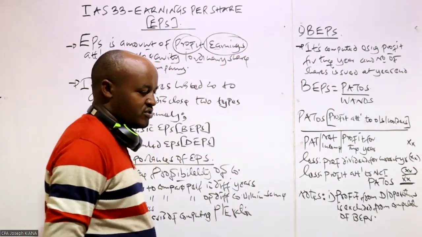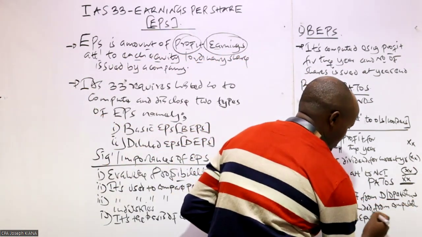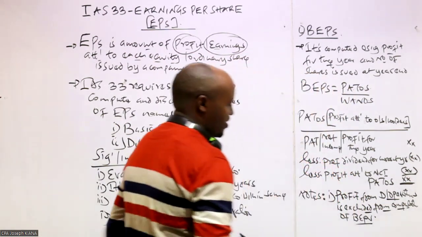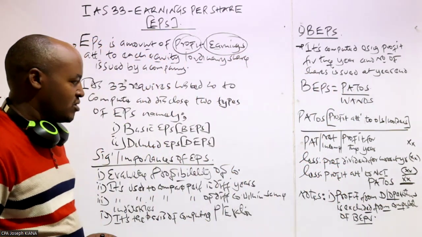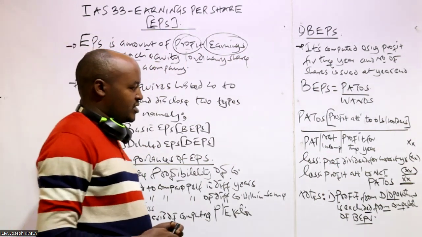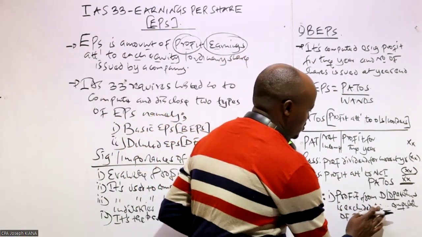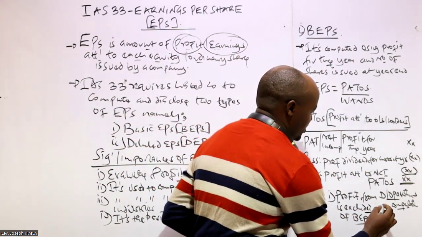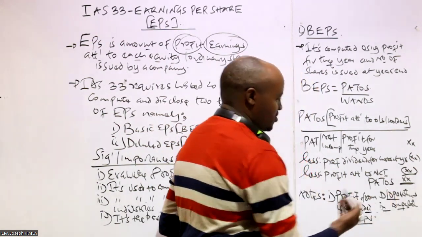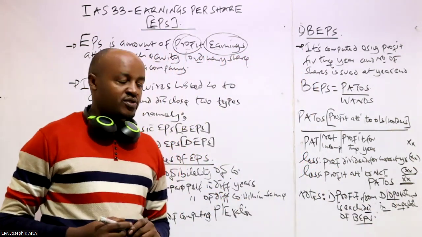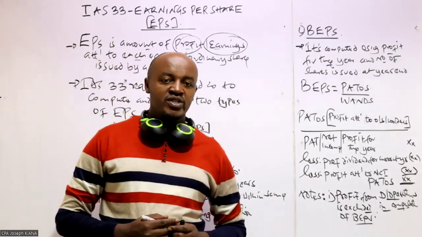Profit from discontinued operation is excluded in the computation of basic earnings per share. So what is discontinued operations? Discontinued operations, these are those operations of the company which have been discontinued.